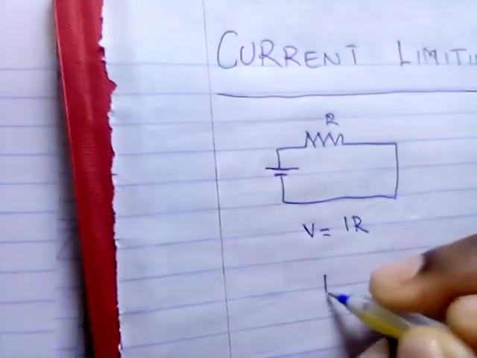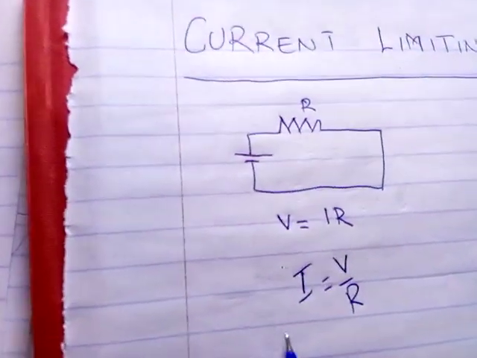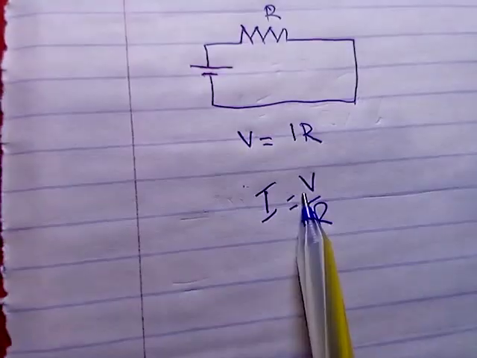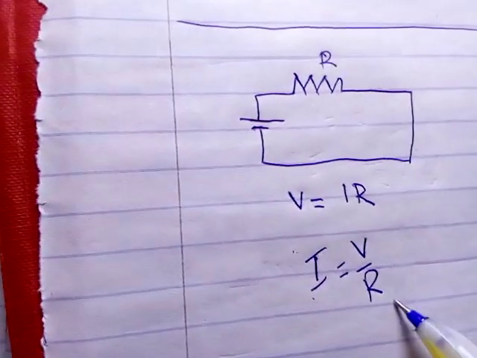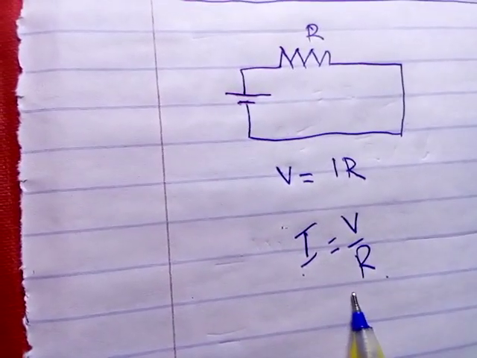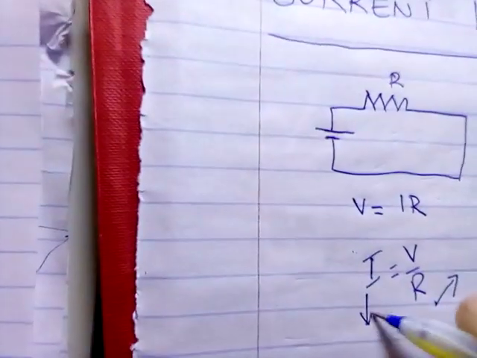If we want to get the current, it will be equal to voltage over resistance. This is telling us that the current and resistance are inversely proportional. Meaning that if the resistance increases, the current must reduce, and if the current increases, the resistance must be reduced.